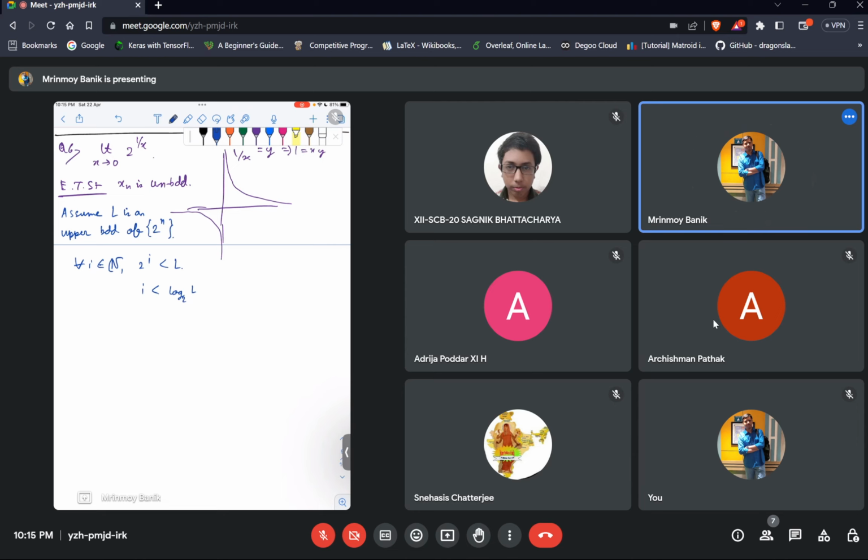But if we take capital N to be log L to the base 2, so log L to the base 2 is a real number, right? Let's call it alpha. Therefore, alpha is real.